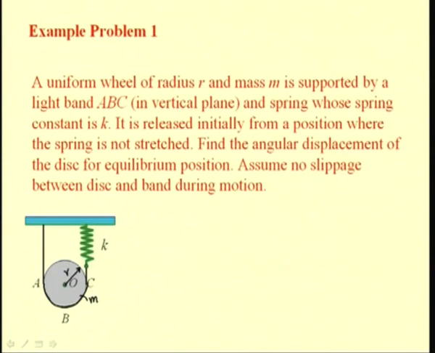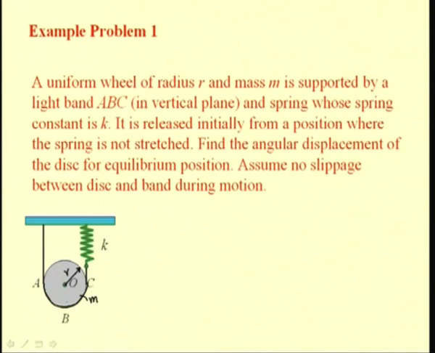We are interested in finding the angular displacement of the disc for the equilibrium position. As soon as this disc is released, the disc will descend and then it will reach a position where the disc will be in equilibrium.